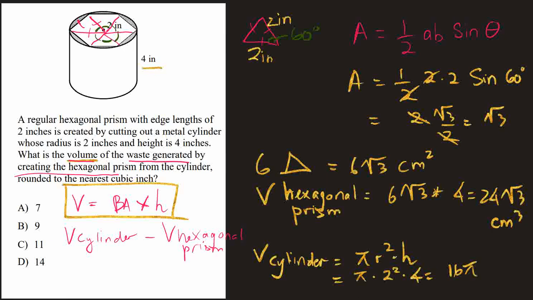Now we get 16 pi minus 24 square root of 3. And if we count with a calculator, it will be 8.69 cm cube. If we round it off to the nearest cubic, it will be 9.